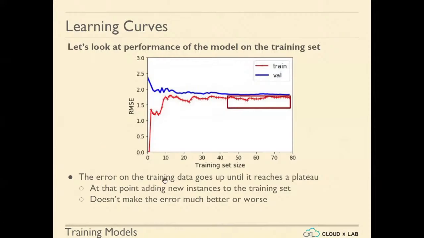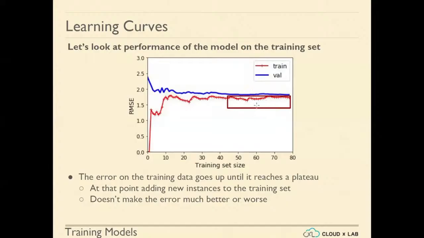The error on the training data goes up until it reaches a plateau. As you can see here, the training error has now stabilized, and the validation error has also stabilized. After this point, even if you add some more data points, it will not change.